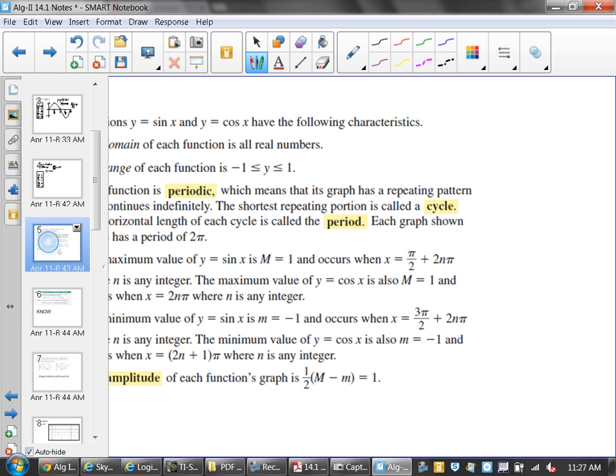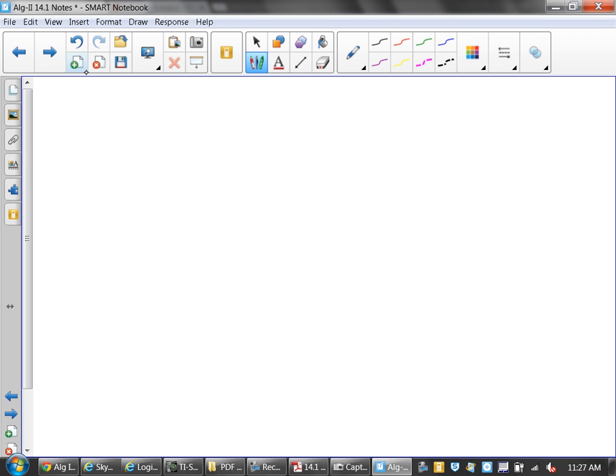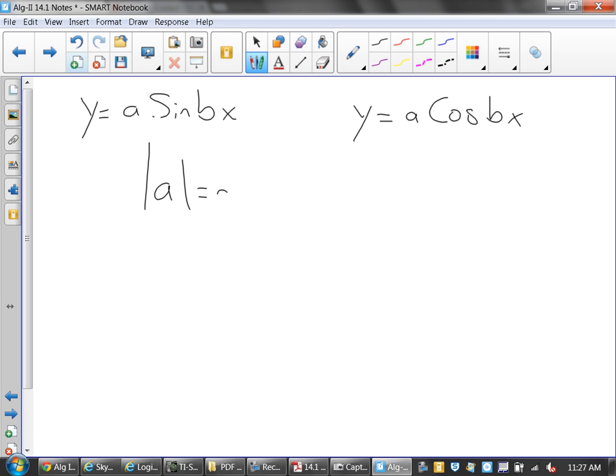Again, with y equals a sine of bx and y equals a cosine, the absolute value of a is your amplitude, and your period is 2 pi over the absolute value of b.